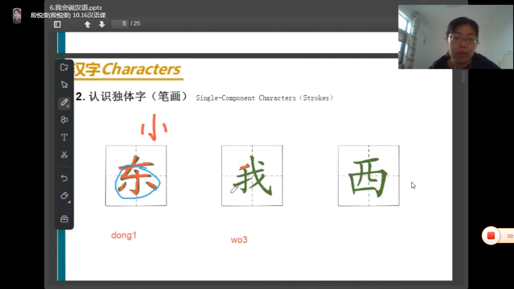And then 横. Third, 竖钩. Next, 提. Next, 卧钩.